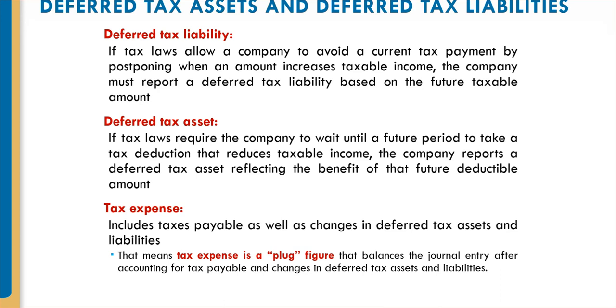As I said previously, you used to think of it as tax expense, taxes payable, and that was one journal entry. There was a debit, there was a credit. When we do tax expense, it's easiest to think of this as a plug figure. After you've figured out what to record in deferred tax assets and deferred tax liability, and you have figured out your current tax liability, how much cash you're going to have to pay, then you plug in tax expense as a separate item, which is a debit.